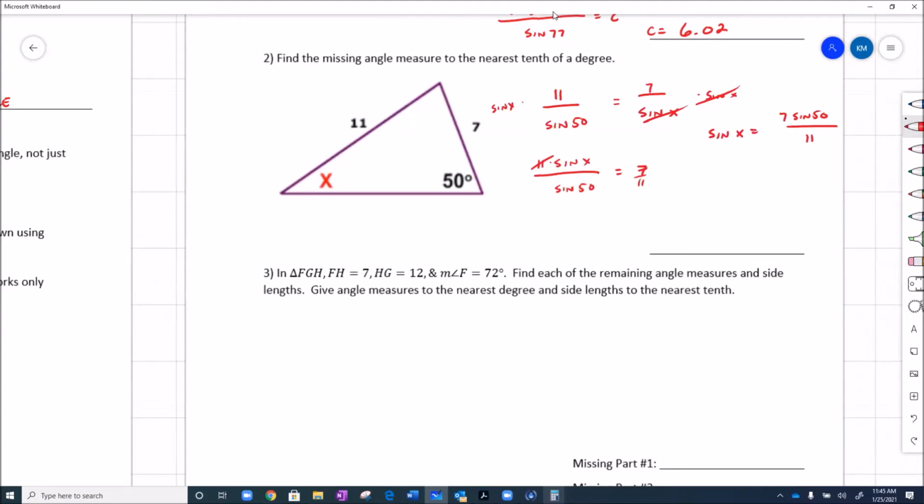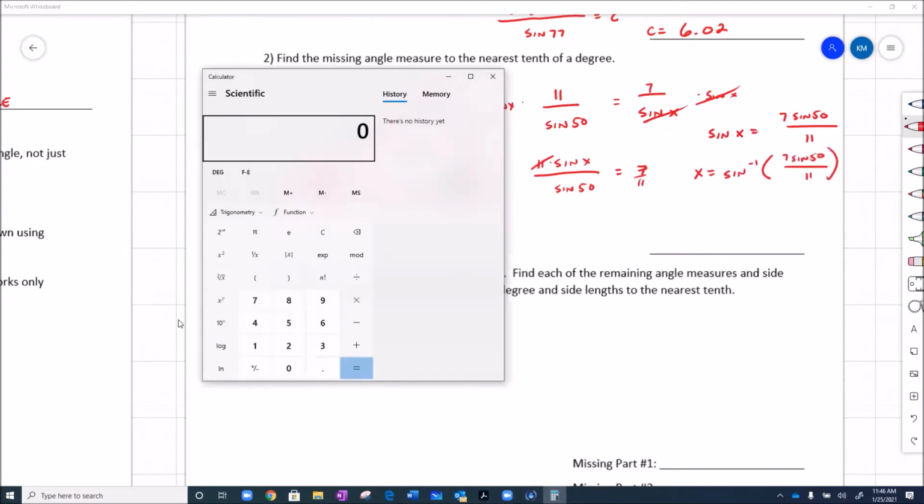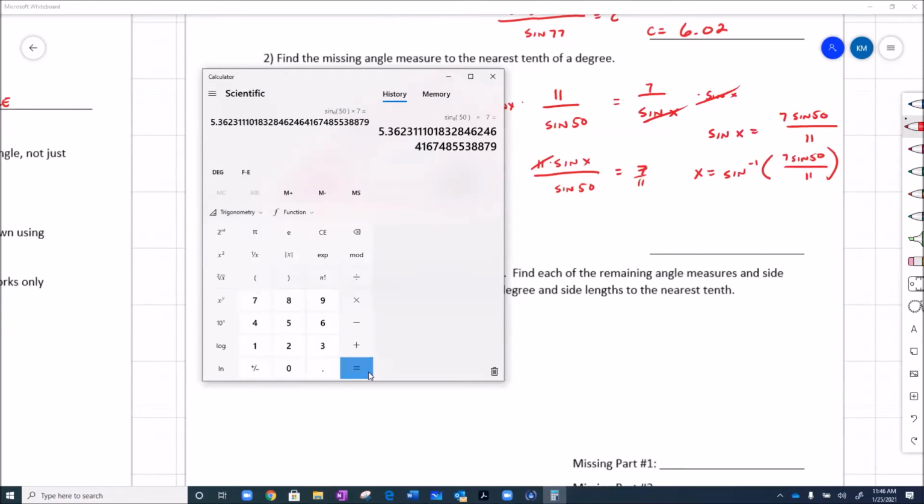You'll notice here that we're trying to find an angle, and so how do we get rid of sine? We have to use inverse sine. So x should equal the inverse sine of 7 sine 50 over 11. So I'm going to do sine 50 times 7, divided by 11.